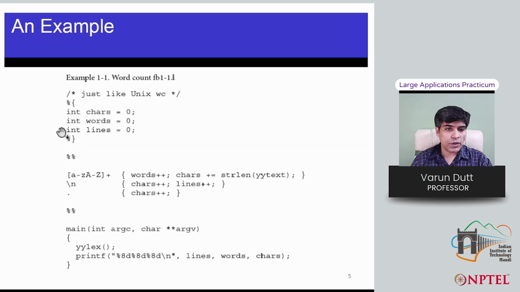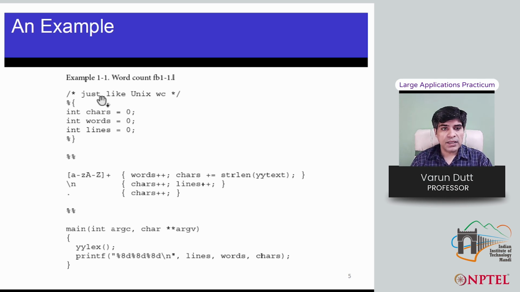Now you can see a Flex program which has been written by us, and we will shortly see what it does. As you can see, this program is counting words; fp11.l is the name of the file.